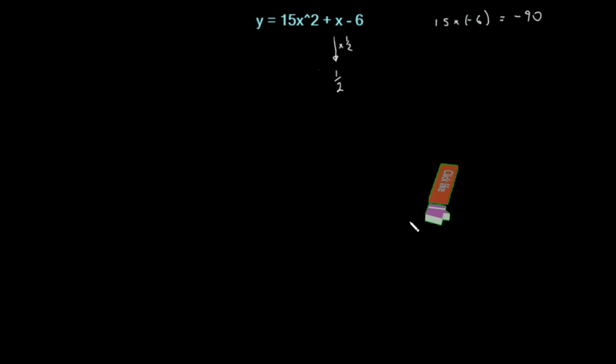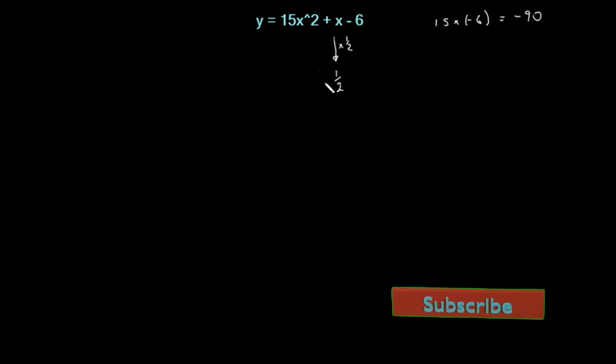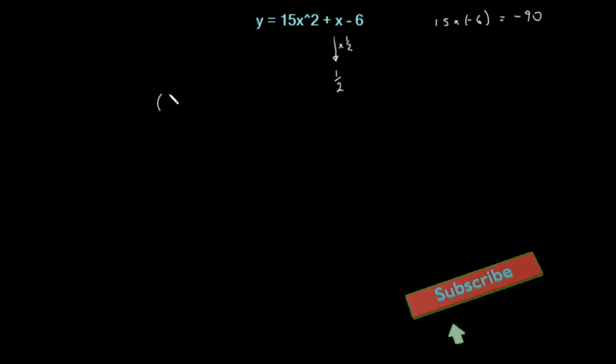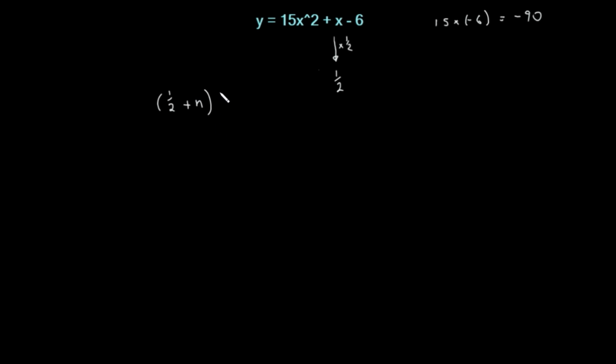We want two numbers such that this value here plus some unknown times that value there minus some unknown equals this here, negative 90.